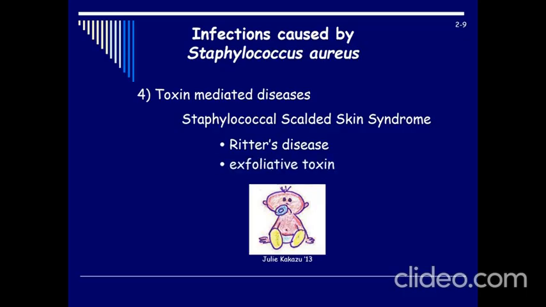This exfoliative toxin gets in the skin and it causes the epidermis to separate from the cutaneous layer. Now, it's most prevalent in children. Occasionally, you'll see it in adults, but just like what we saw with impetigo, more common in children. So this will last about 2 to 4 days and has a spontaneous recovery with it.